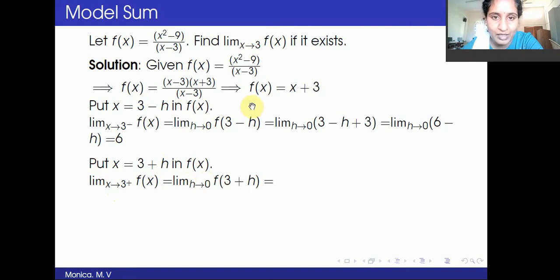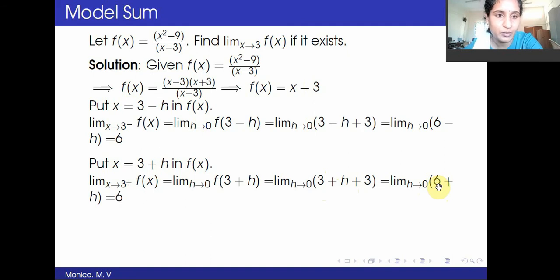When I replace x as 3 plus h, plus 3, this is 6 plus h. Taking the limit, that means putting h as 0, the value is also equal to 6.